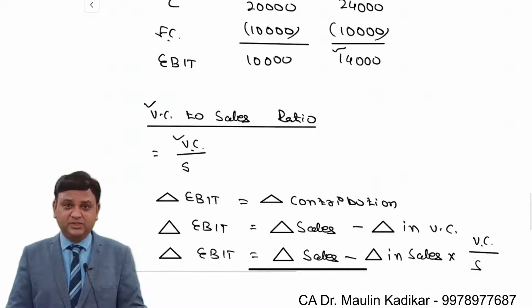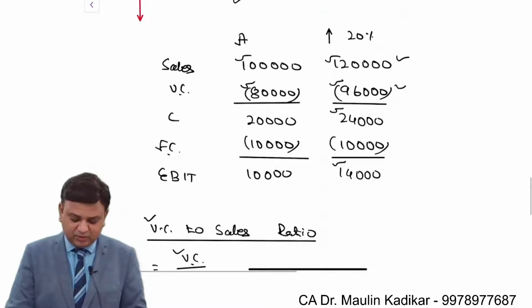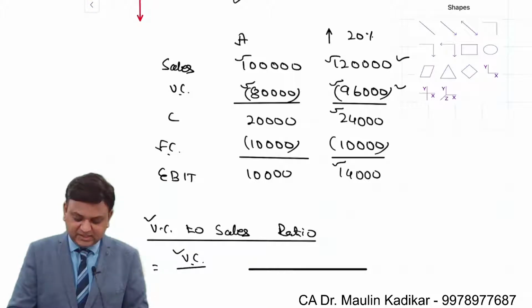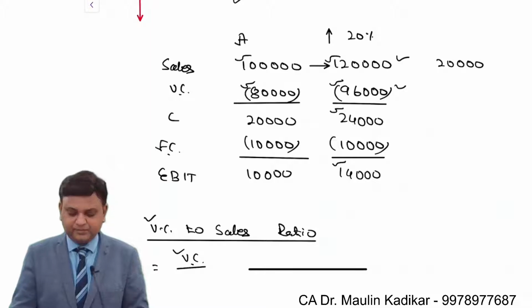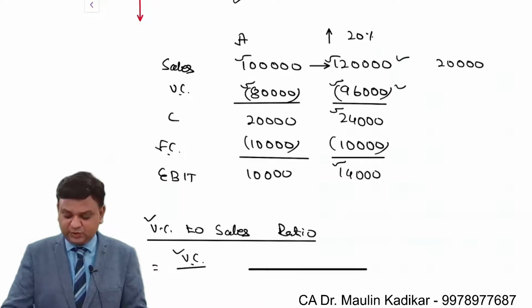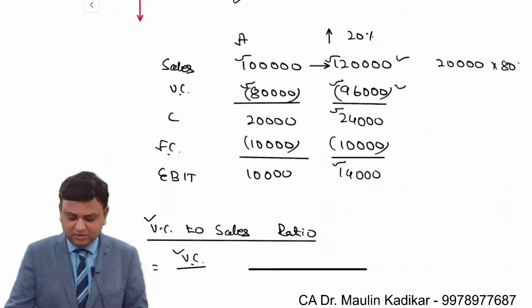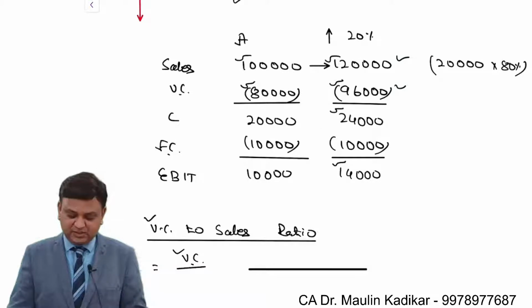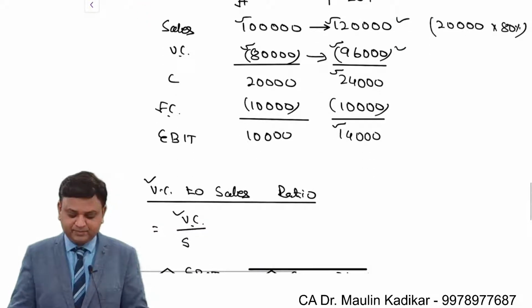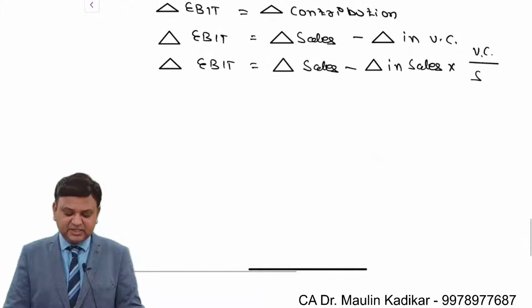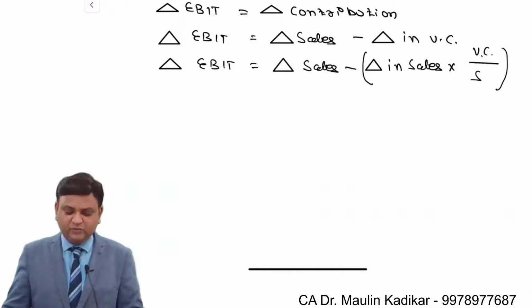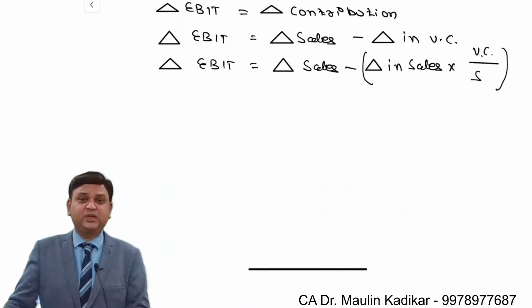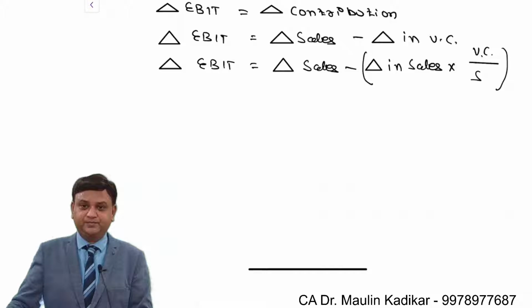Here the sales increases by 20,000 and the variable cost to sales ratio is 80%. So 80% of 20,000 comes to 16,000. So change in sales minus change in variable cost is nothing else but change in sales into variable cost upon sales.